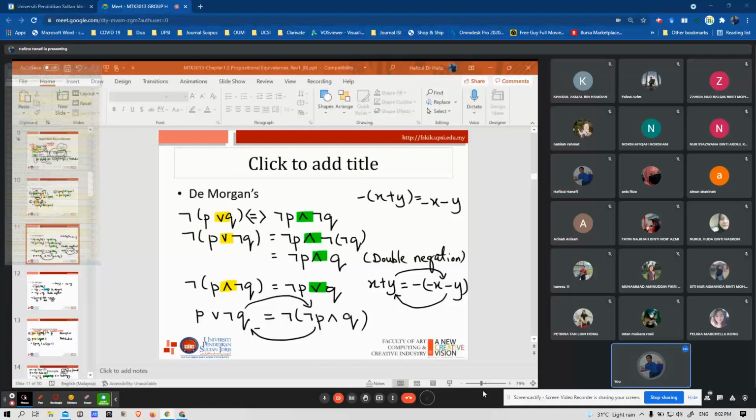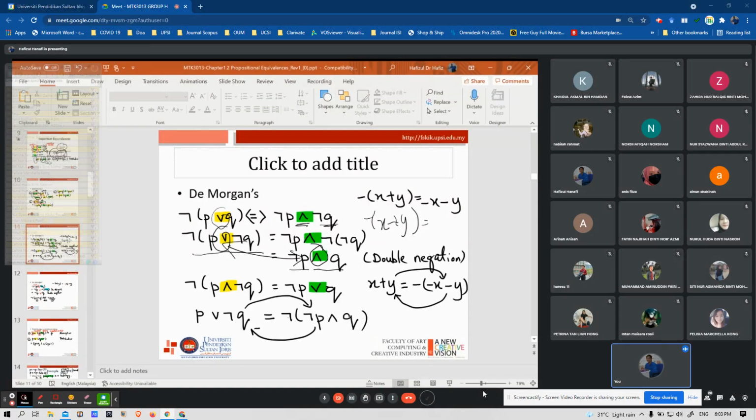For example, we have negate P or Q is equivalent to negate P and negate Q. And then here P or negate Q is equivalent to negate P and Q. Here we change. For example, this one I have explained to you.